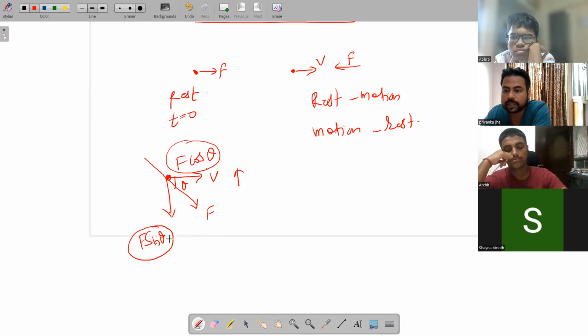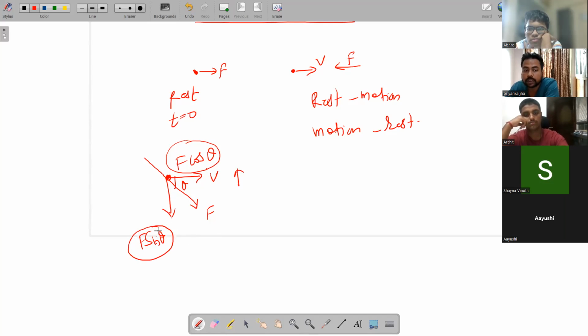A component of the force perpendicular to the line of motion will simply change the direction of the motion. So force along the line of motion or opposite to it will increase or decrease the speed, but the force perpendicular to the line of motion will change the direction of the motion, right?